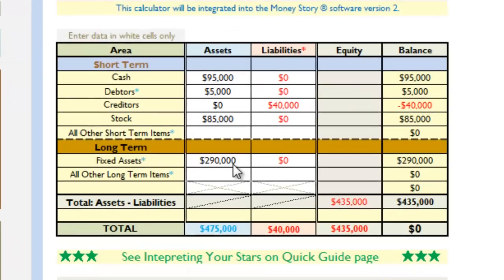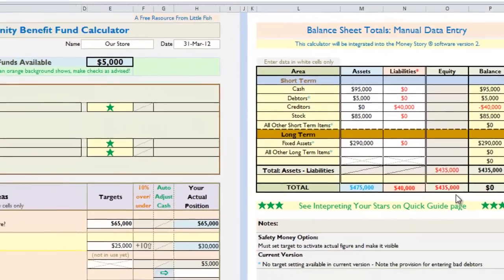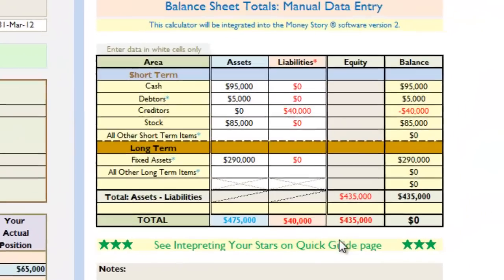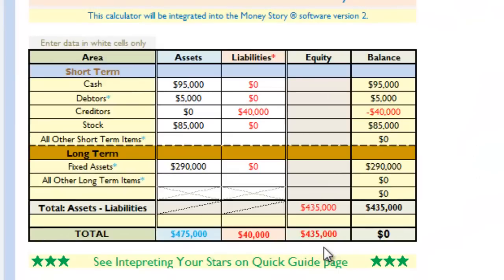Coming back to the figures, we can see that they give us $435,000 equity. Now, equity in a small business, actually retained profit, is pretty similar. So let's call it retained profit. 3 green stars, $5,000 community benefit funds potentially available. Let's suppose we're being really successful, and in 3 months we shoot up by $30,000 in profit to $465,000.